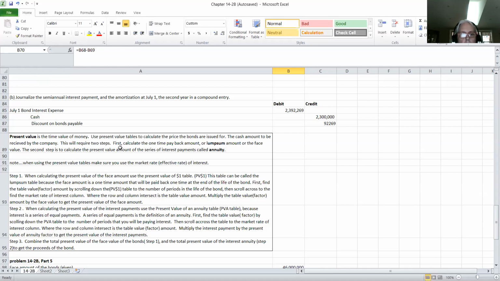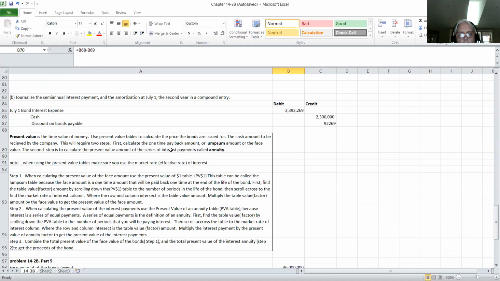In order to do this, it's going to require two steps. The first step is to calculate the one-time payback amount, or the lump sum amount, of the face value. The one-time payback amount would be $46 million in this particular problem. So what they want you to do is figure out the present value of that $46 million amount in today's terms.